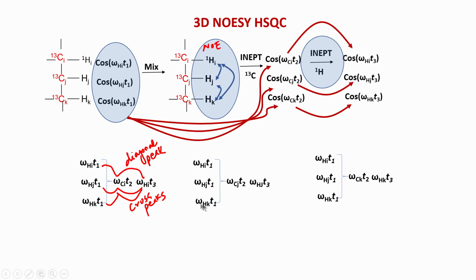Similarly, in this combination here you will see Hj, Hj. So, that is a diagonal peak, but these two combinations are giving us the cross peaks. In the same manner here Hk and Hk, this combination is a diagonal peak, whereas these two are the cross peaks. So, therefore, one should be able to figure out what is a diagonal peak and what is a cross peak.